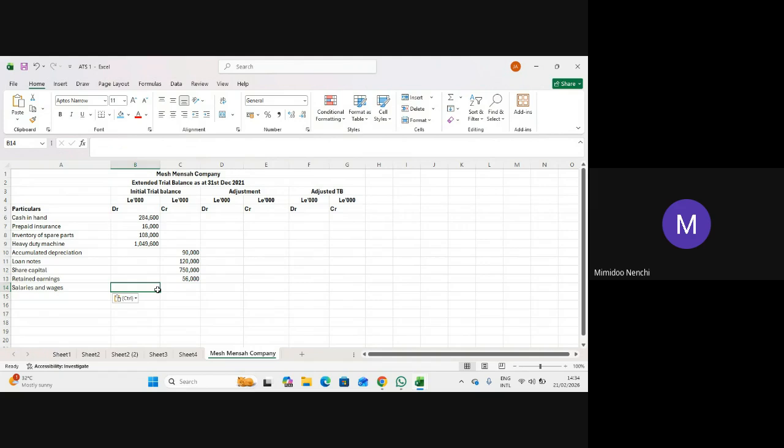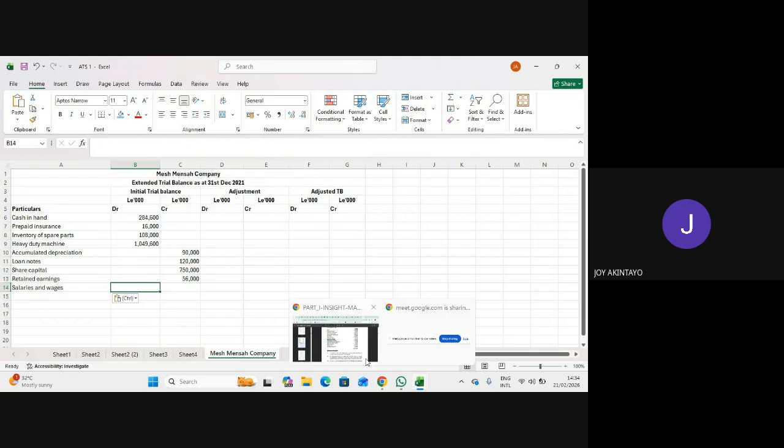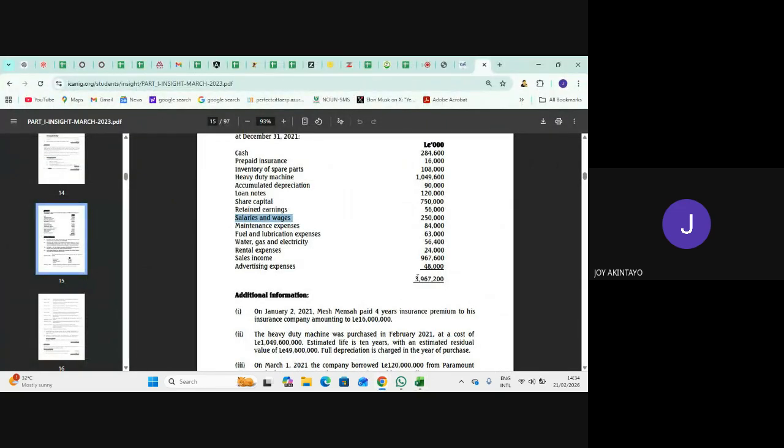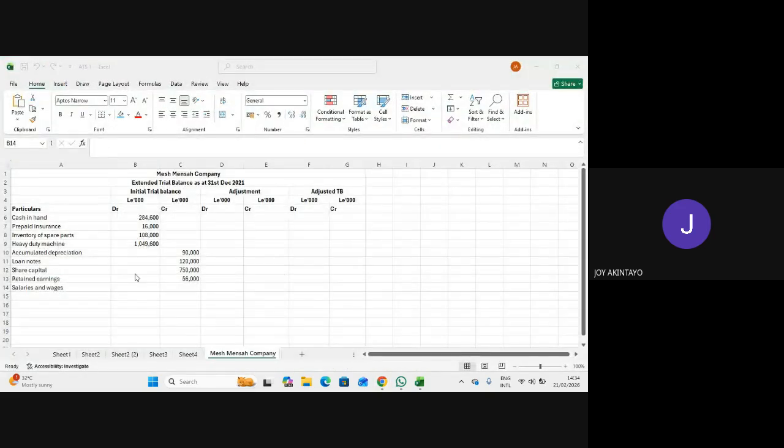Debit side. Why? There should always be a reason. Why do we have it on the debit? You must be able to state a reason. Because it's an expense.